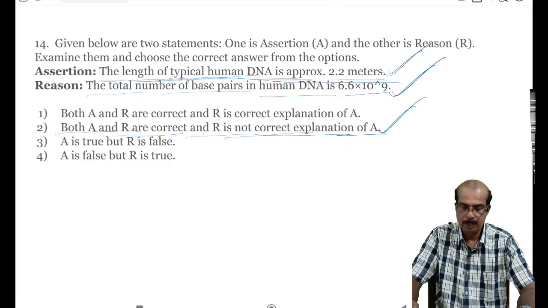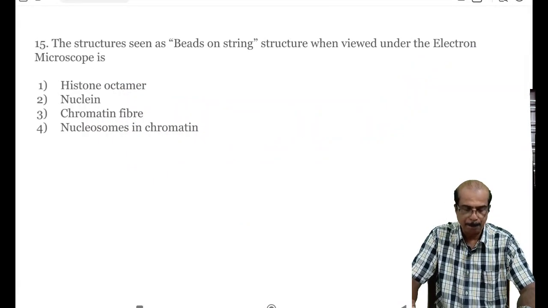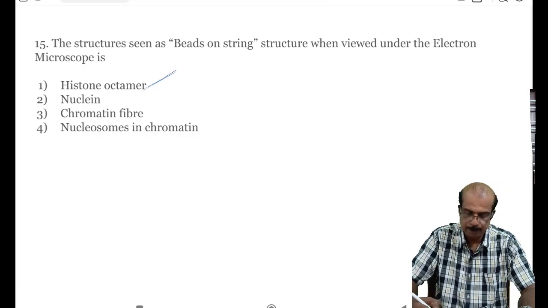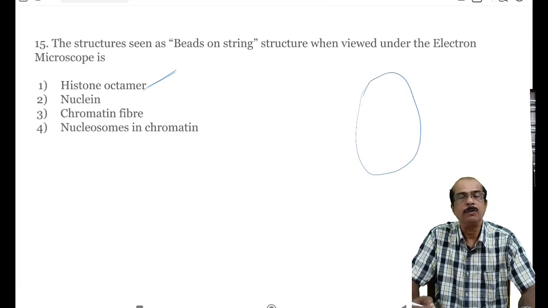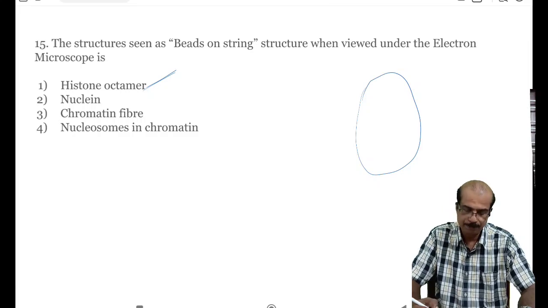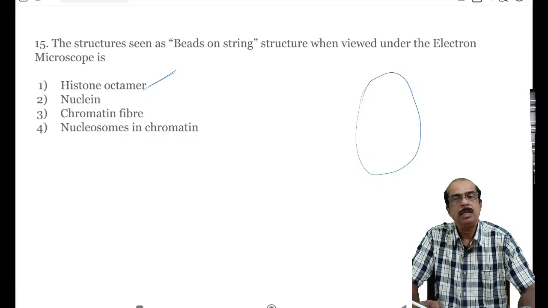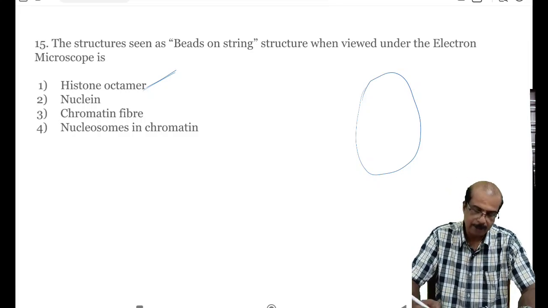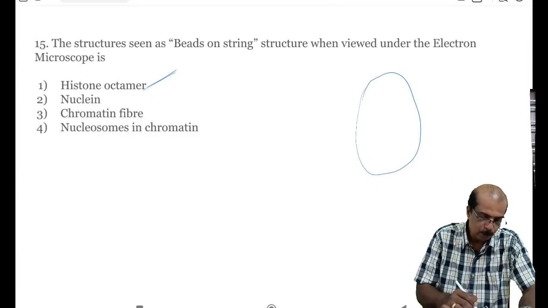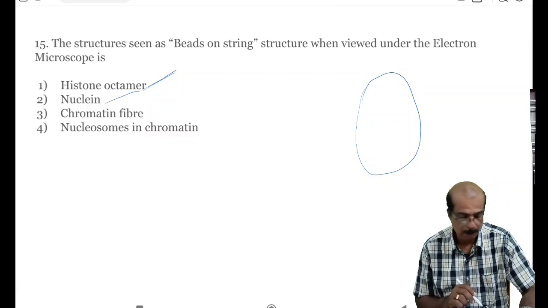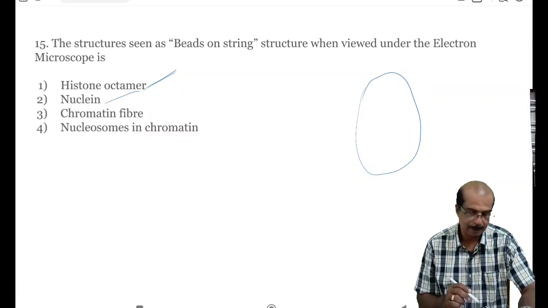Moving to the next one. The structure seen as beads on string when viewed under the electron microscope is here. Histone octamer: we know that histone octamer is the core around which the DNA is wrapped. Here there are 8 globulin proteins in the histone octamer. Nuclein is the acidic substance discovered by Frederick Miescher from pus cells.